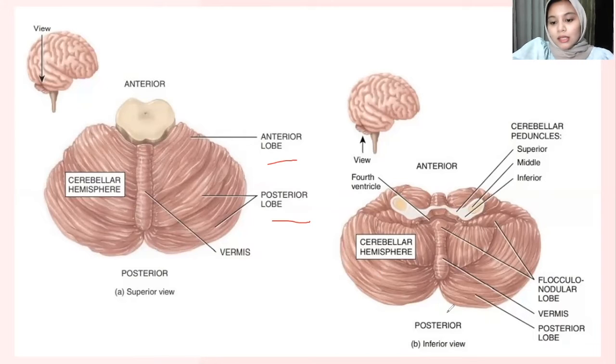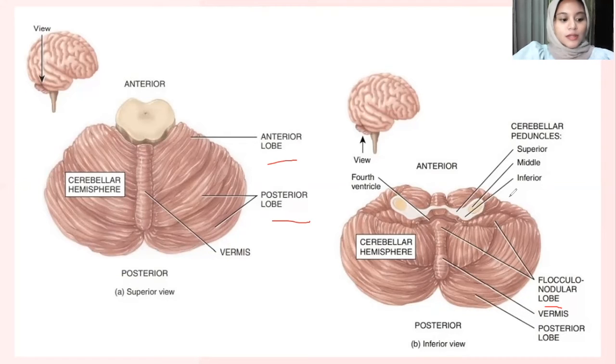At the right one, in the inferior view, there is the flocculonodular lobe. The flocculonodular lobe on the inferior surface contributes to equilibrium and balance. At the cerebellar cortex, there is the superficial layer of the cerebellum. It consists of gray matter in a series of slender parallel folds called folia or leaves.